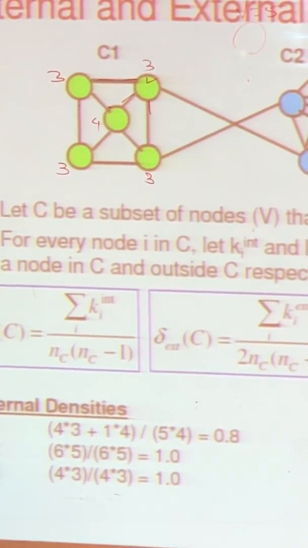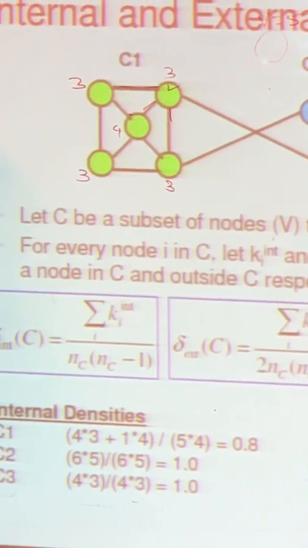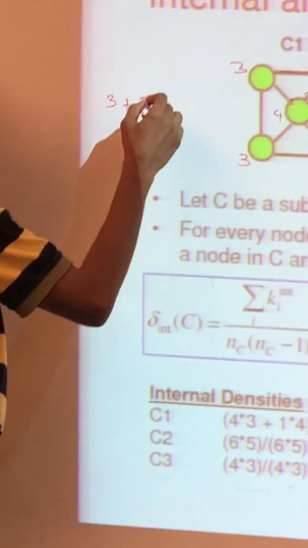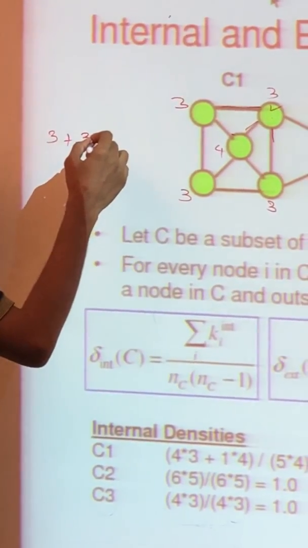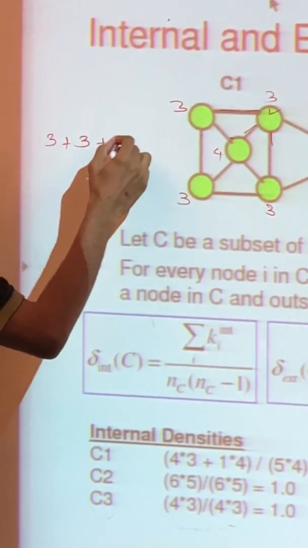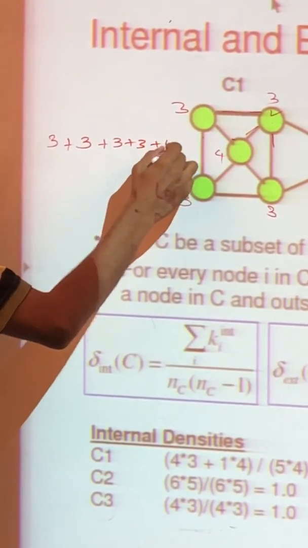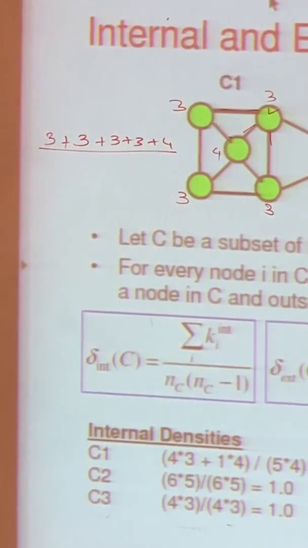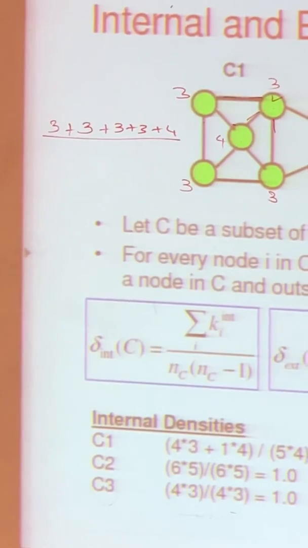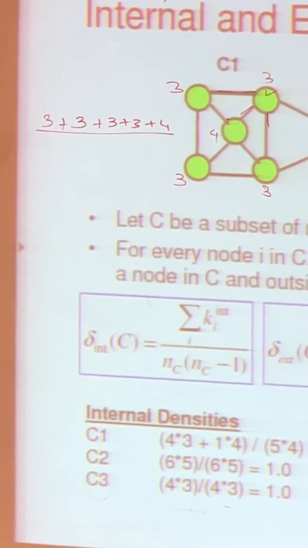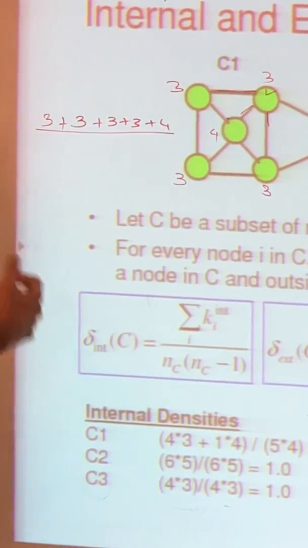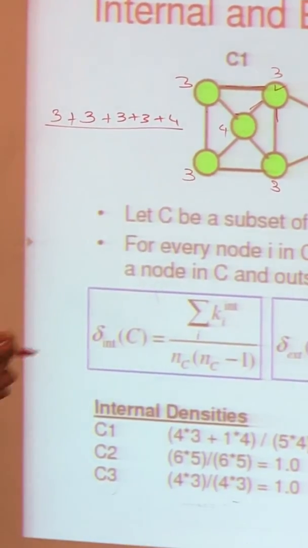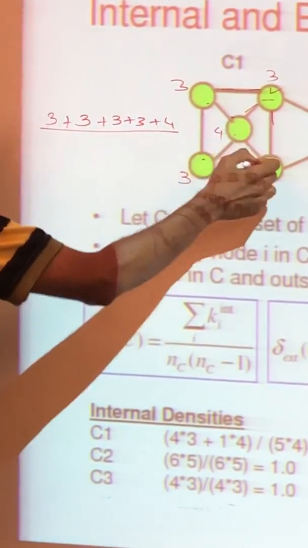Okay. So the average of this, which is like 3 plus 3 plus 3 plus 3 plus 4, it's not the average. So you have to sum all the actual edges, that's the numerator, divided by the maximum possible number of edges. So you have 5 vertices totally.